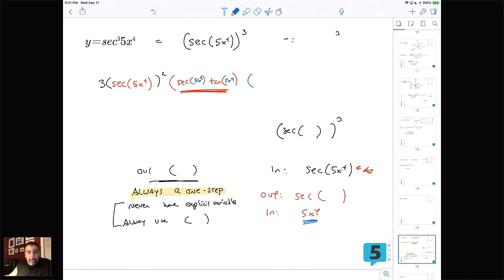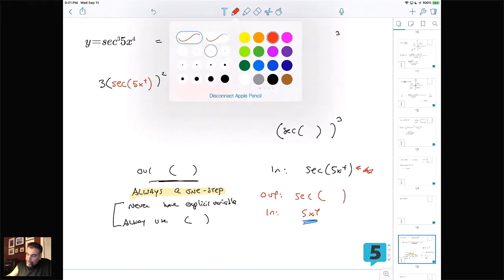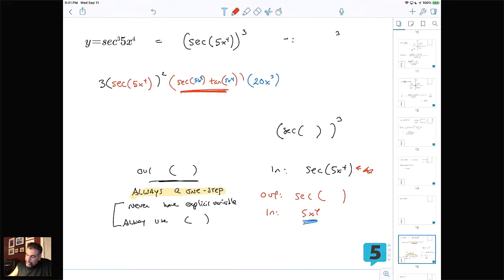So we ask, is it a one-step? And this time it is, with a free ride. So we're going to get a 20x to the third on this guy. And I always tell my students, be mindful of your parentheses, make sure they all match. And I think I need another parenthesis right there. Nested chain rules: keep deciding who the outside and the inside functions are by breaking it down layer by layer.